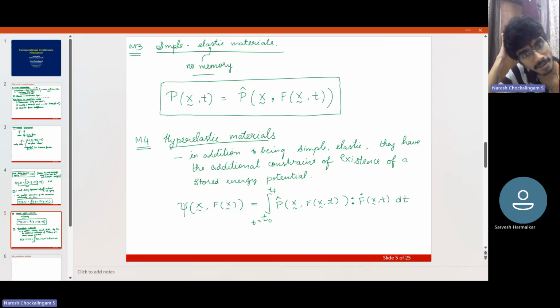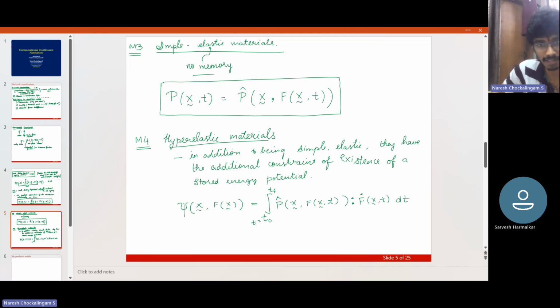So this is the work done by the external forces or work done by the internal stresses over a period of time t naught to t final. Since it is integrated over time, the result has to be independent of time, and we have what is called the stored energy function, and that depends only on the current state of deformation. So this integral exists, and under certain conditions, this is also path independent.